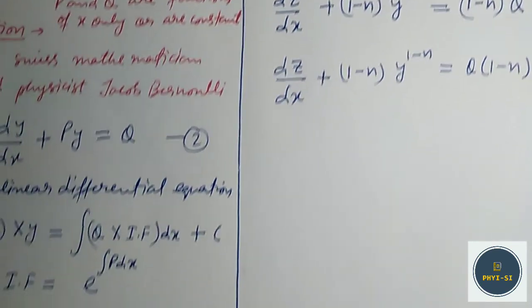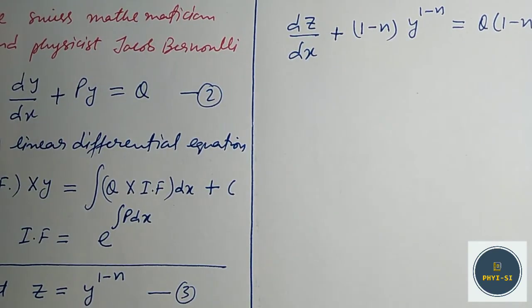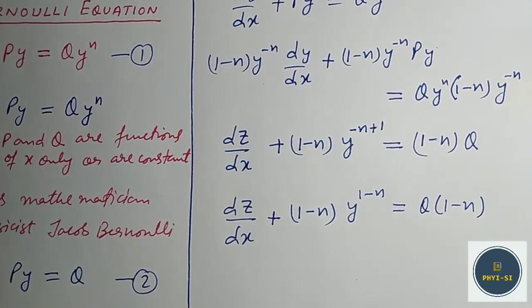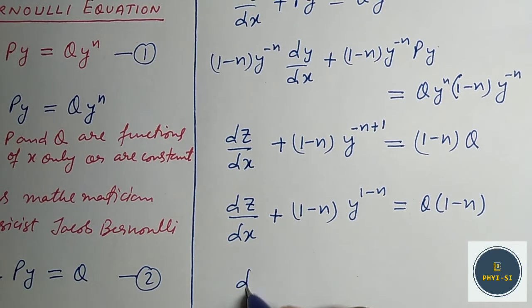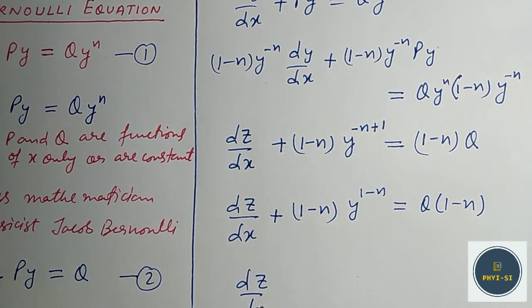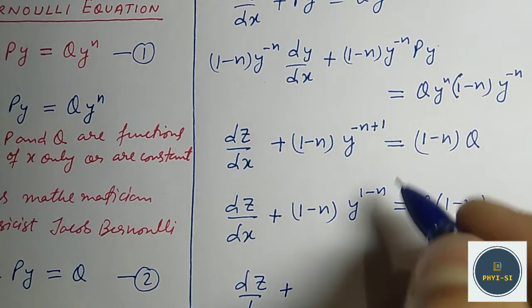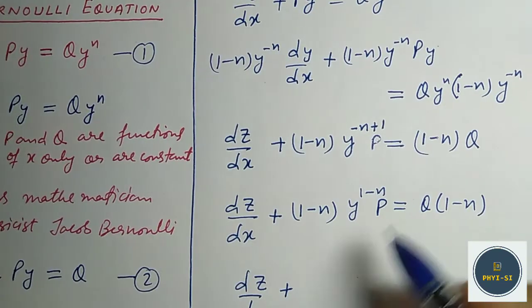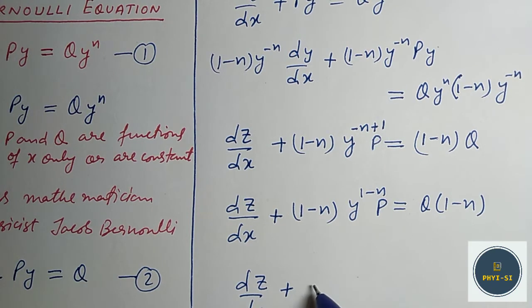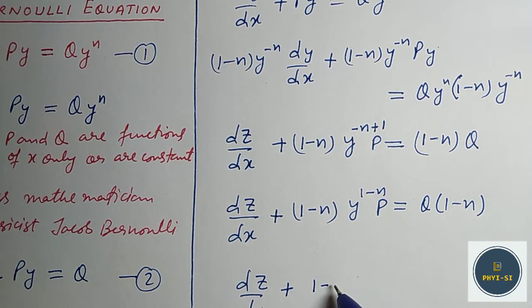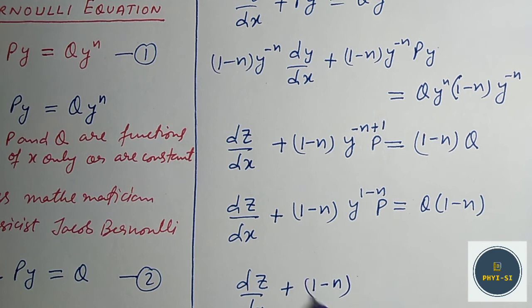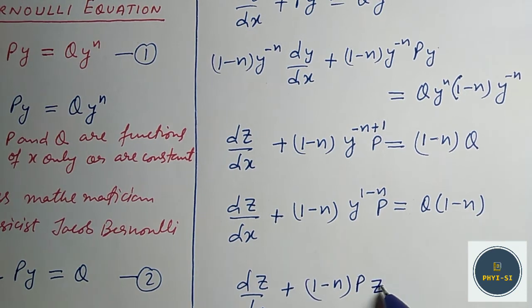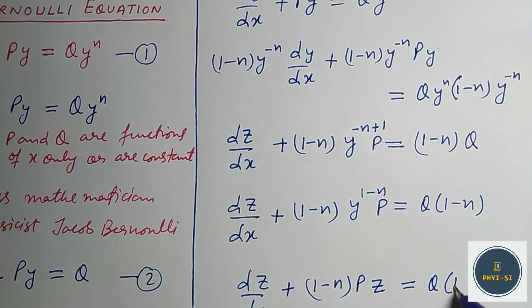Now this y raised to power 1 minus n is equal to z. So dz by dx plus, oh sorry, I forgot to write p is also here. It will be equal to 1 minus n into p and then z is equal to q into 1 minus n.